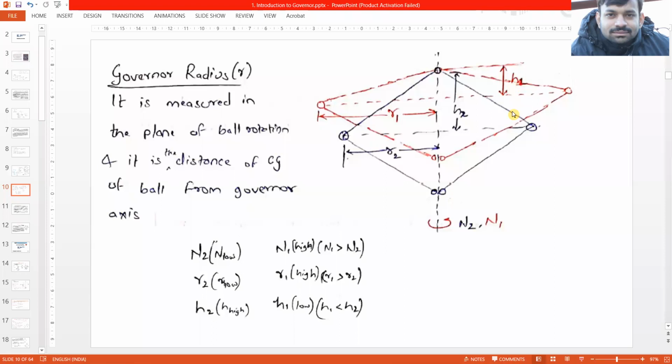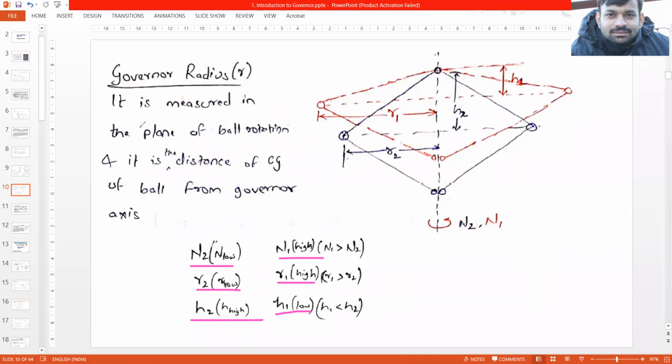Okay, so at lower speeds the radius is lower and the height is higher. At higher speeds, the radius is higher and the height is lower. All right.